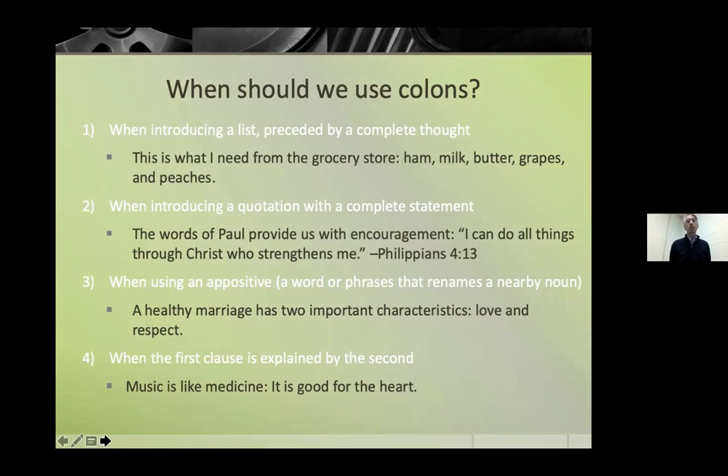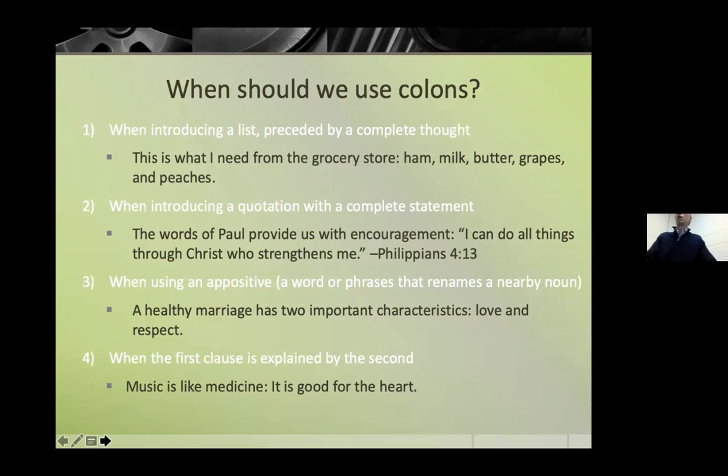What follows the colon is, as you can see in the slide here, an appositive, which is like a restatement of a preceding noun. In this case, the appositive is love and respect, and it's restating two important characteristics. So at the end of the sentence, you say, what are those two important characteristics? Well, they're love and respect. So an appositive is restating the same thing.